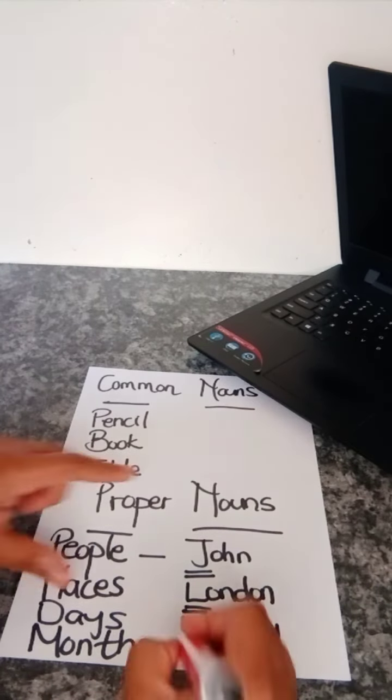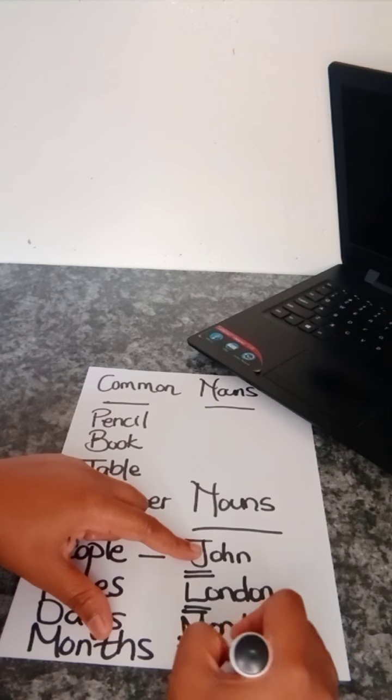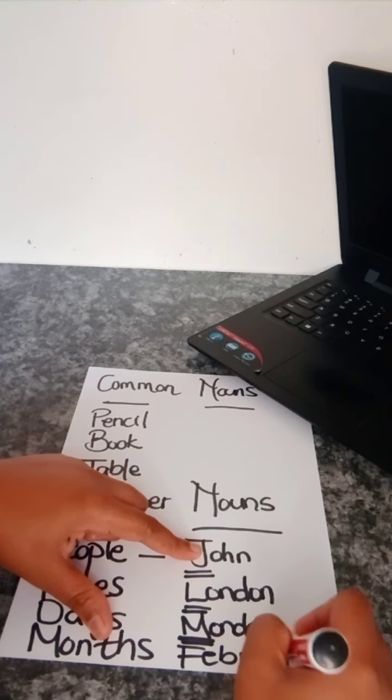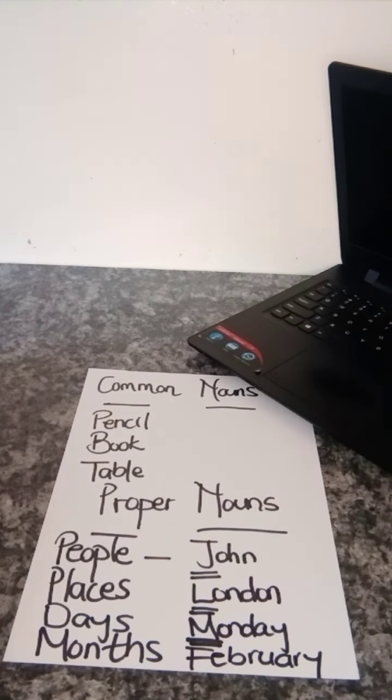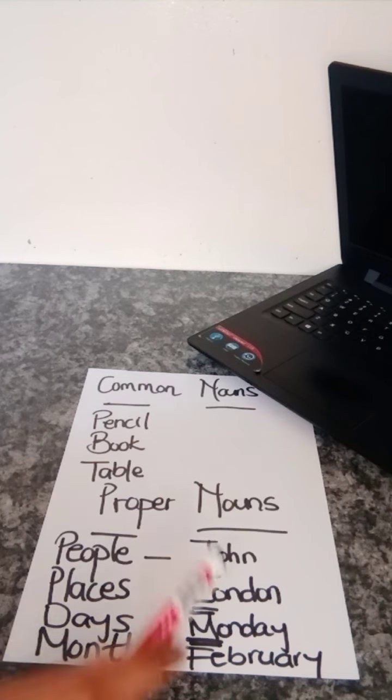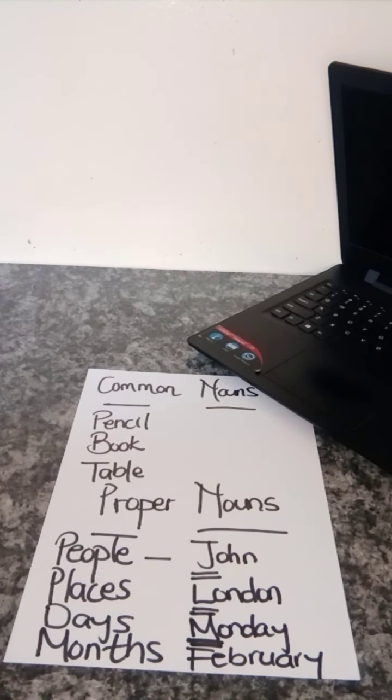Months, February. Please do not even try to question why I chose what I chose. Anyway, everything will begin with a capital letter. A capital letter for John, for London, for Monday, and for February.